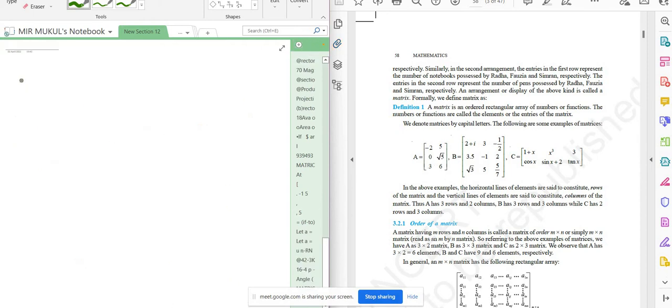Now what is the order of a matrix? Second, order of matrix.